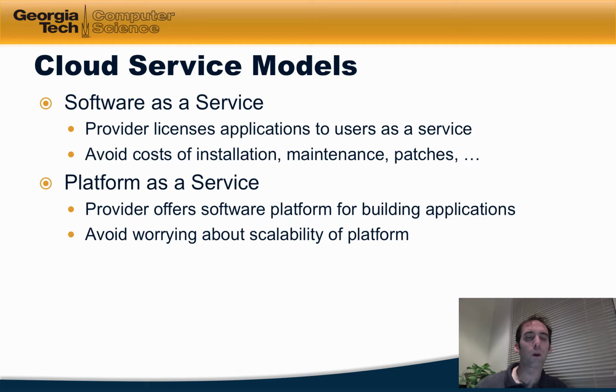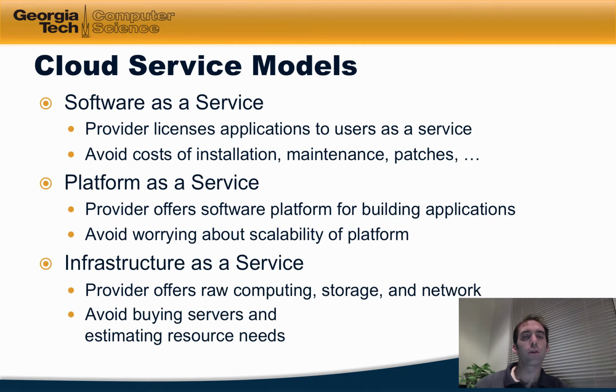The customer can avoid worrying about the scalability of the platform, which is taken care of by the data center operator. The third cloud service model is the infrastructure as a service model, whereby the provider offers raw computing, storage, and network resources, thus preventing the customer from having to buy servers and estimate resource needs in advance.